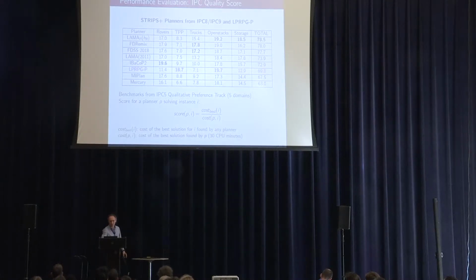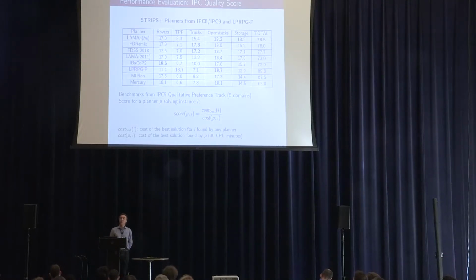This table summarizes an experiment in which we have compared the performance of several STRIPS planners using our compilation and a state-of-the-art planner, LP-RPGP, that supports directly the qualitative preferences that we have considered in this work. These benchmarks are the benchmarks from the IPC5.